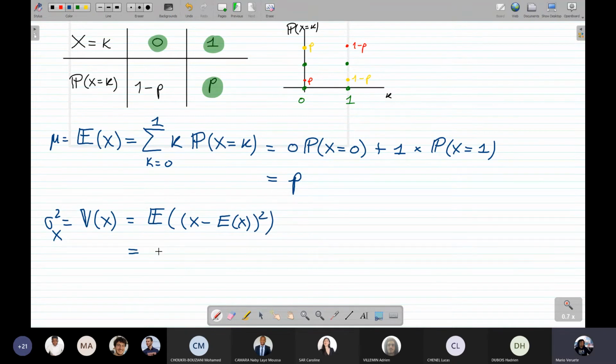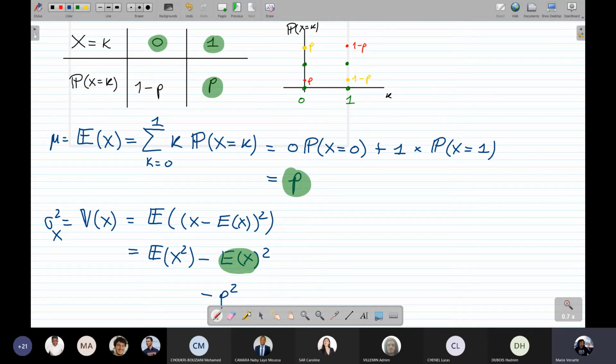And we know also that this is the expectation of X square minus the expectation of X, squared. Well, we know now that the expectation of X is P, so this is just minus P square.